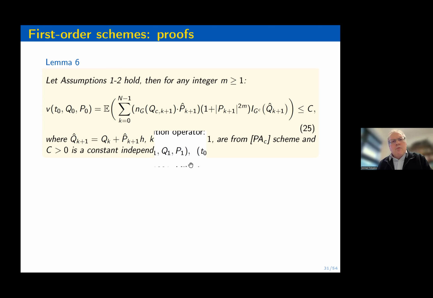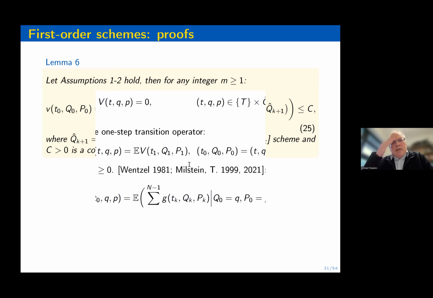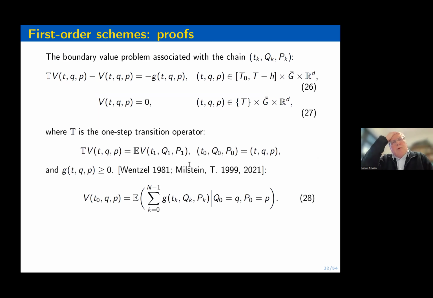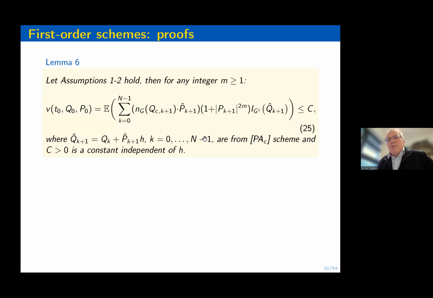The proof of this lemma is based on the following trick: we introduce the boundary value problem associated with the Markov chain. So this T, blackboard bold, is the transition operator, and this problem has an analytical solution. So we can write it in this form, and if you compare what we have here, it's a very similar expression.